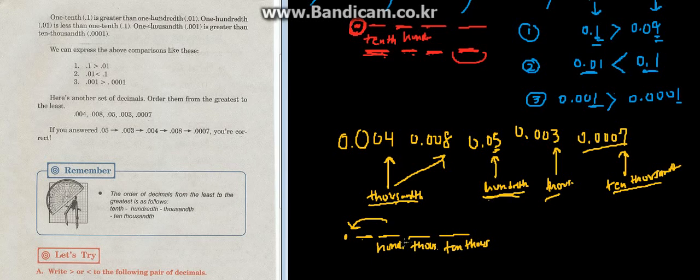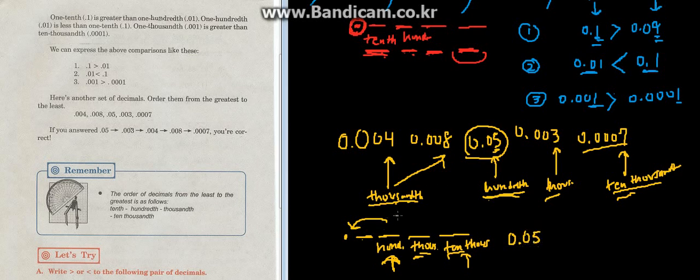So the 100th is bigger than the thousandth and also bigger than the 10,000th. Any number in the 100th place will be bigger than any number in the thousandth and 10,000th place. Therefore, this number, which has the digit 5 in the 100th place, is the biggest. So the biggest number is 5/100.